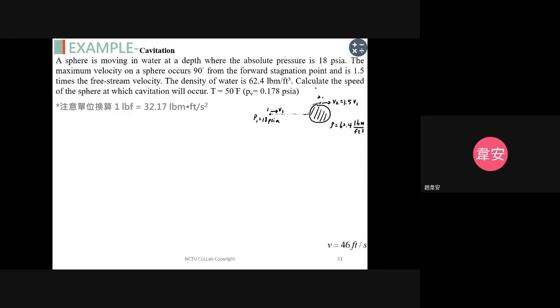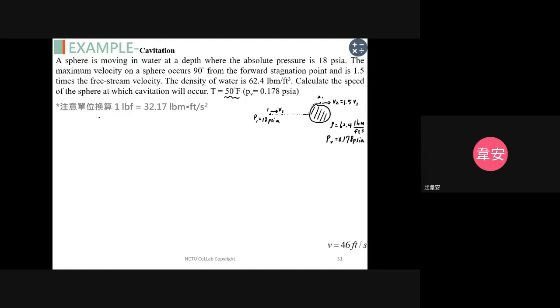Please calculate the speed of the sphere at which cavitation will occur. We know that at this temperature, the vapor pressure is equal to 0.178 psia. So calculate the speed. That means what is V1?